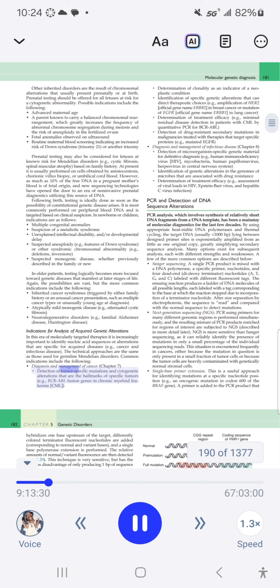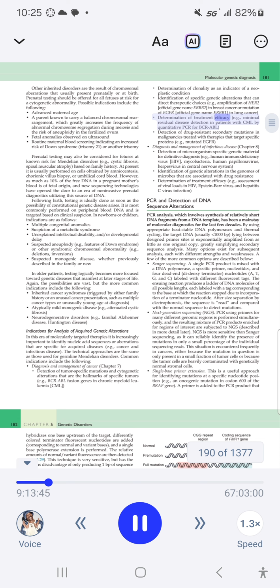Detection of tumor-specific mutations and cytogenetic alterations that are the hallmarks of specific tumors, e.g., BCR-ABL fusion genes in chronic myeloid leukemia, CML. Determination of clonality as an indicator of a neoplastic condition. Identification of specific genetic alterations that can direct therapeutic choices, e.g., amplification of HER2, official gene name ERBB2, in breast cancer, or mutation of EGFR, official gene name ERBB1, in lung cancer.